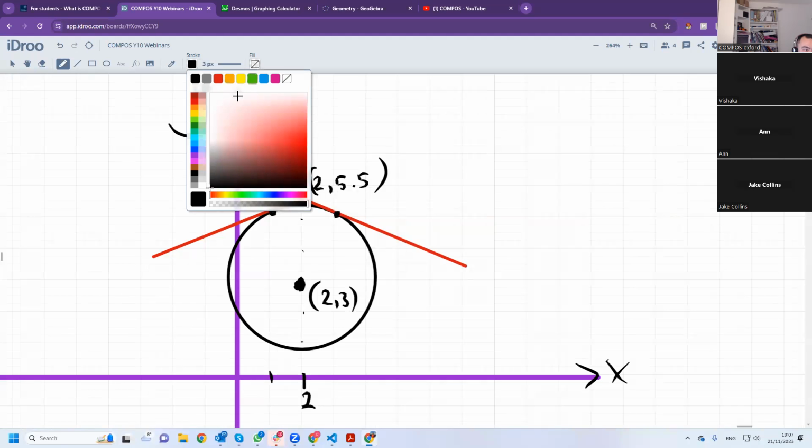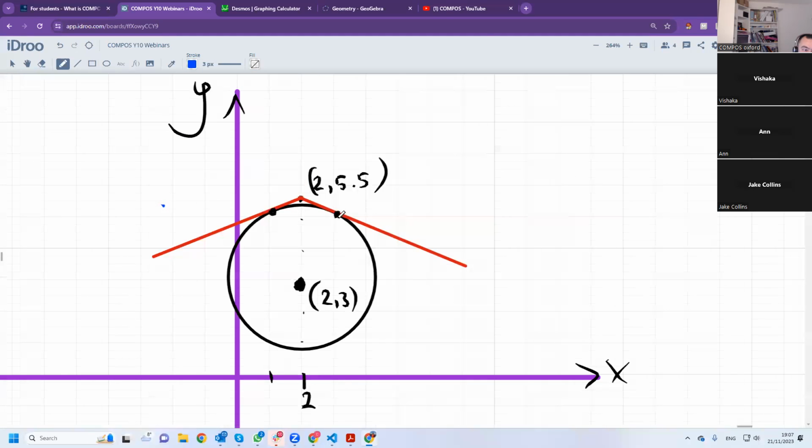Even though I don't know this point, I can still label it with (x, y). Let's give the points names. Let's call this point C as the center. This point I'm going to call A. And this I'm going to call P.